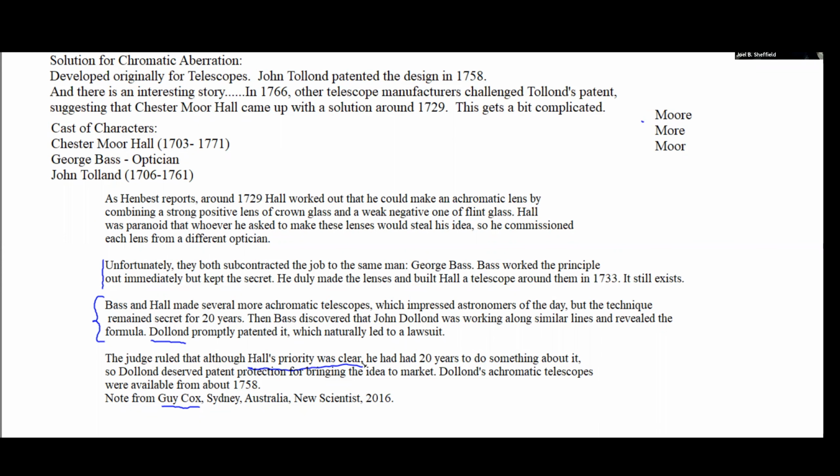This would be a very interesting thing to have these days as a suit. So basically Toland deserved the patent protection for bringing the idea to market. And so those achromatic telescopes were available since then.